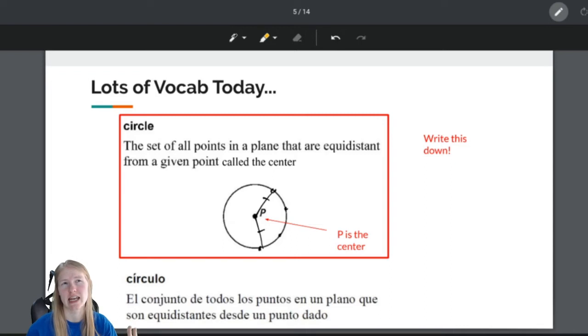We usually name the center of the circle. We call it point P. So P is the center of this circle. Every single point on the outside of this circle is the same distance away from that center. That's what's so special about a circle, and that's why we care about them so much.